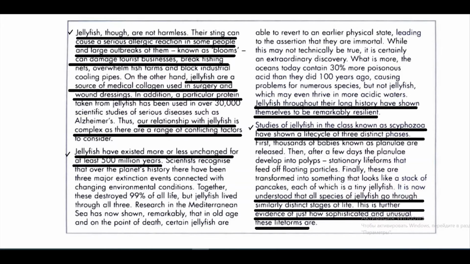The writer then outlines the ways jellyfish help humans, as a source of collagen and by providing a useful protein, etc. Then the writer concludes in the final sentence that there are conflicting factors in the relationship between humans and jellyfish, some positive and some negative. Therefore, A is the correct answer.